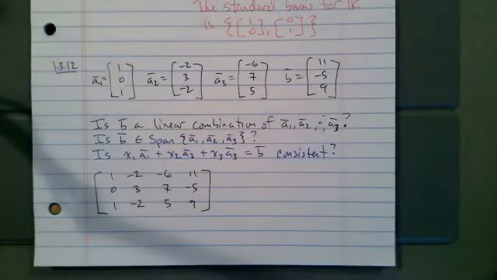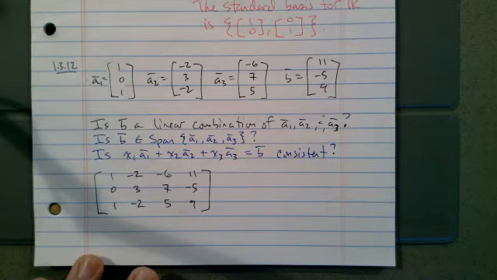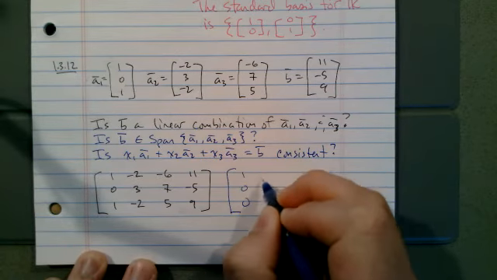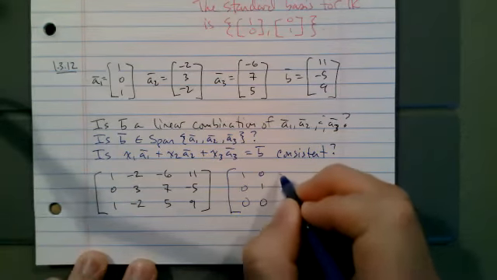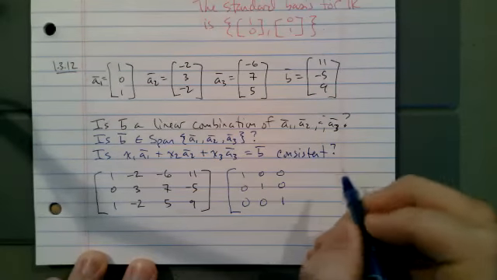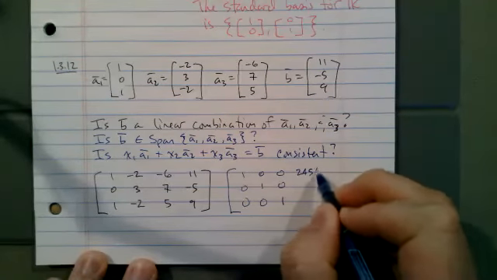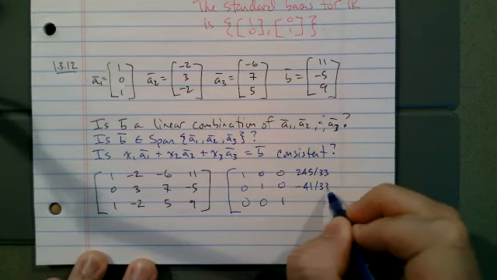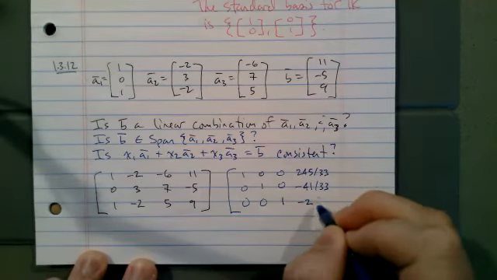So let's write down the reduced echelon form. This is what we're going to get all our conclusions from, by columns: 1, 0, 0, 0, 1, 0, 0, 0, 1, and then 245 over 33, then negative 41 over 33, then negative 2 over 11.